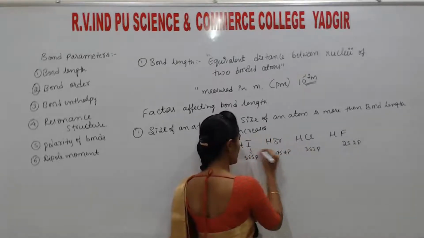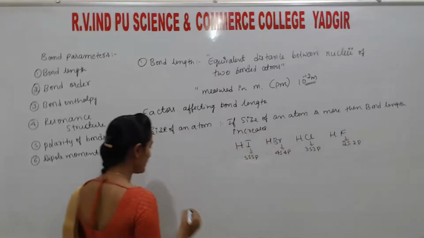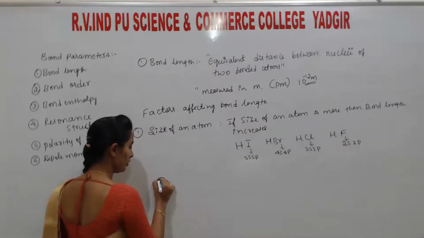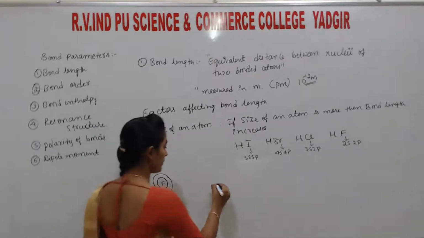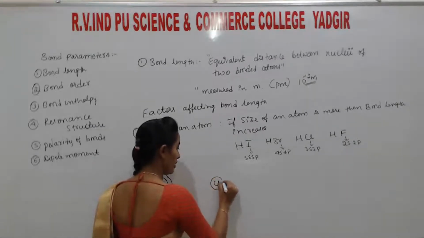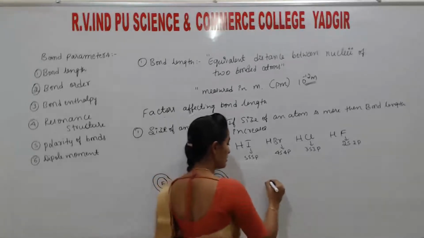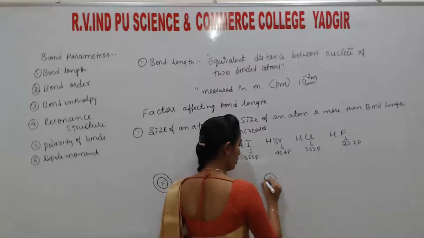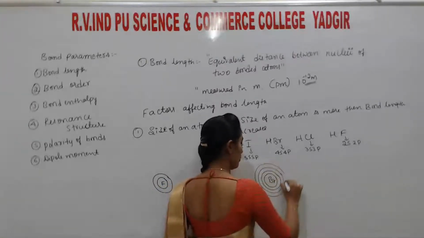5s 5p. What is this? The valence electronic configuration of this. Listen, this is fluorine, this is 1s, this is 2s. This is chlorine, 1s, 2s, 3s. This is bromine, 1s, 2s, 3s, 4s.